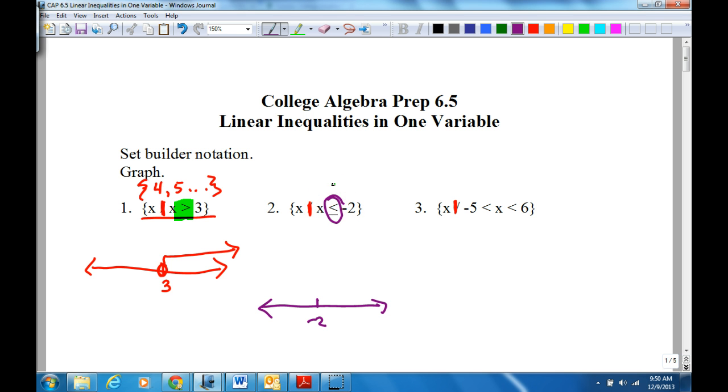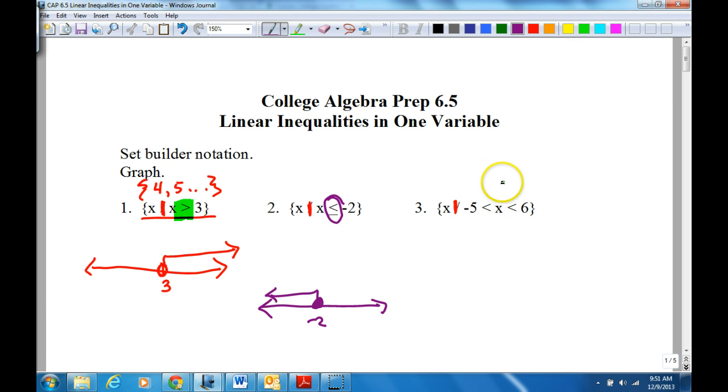Is it open or closed? Closed. So I'm going to put a closed circle at negative 2. Which direction is my arrow going to point? The other way. Okay, so it includes the negative 2. It could be negative 2.3 repeating. It can be negative 100. It can be any of those.